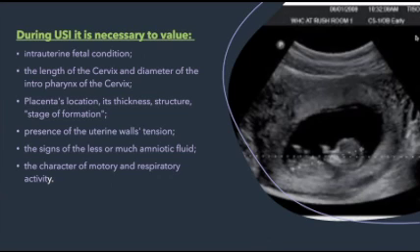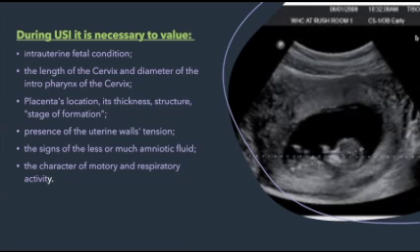What is necessary to evaluate during the ultrasound examination? It's the intrauterine fetal condition. Also, we must measure the length of the cervix and the diameter of the internal os of the cervix. We must check placental location and the thickness and structure of the placenta.